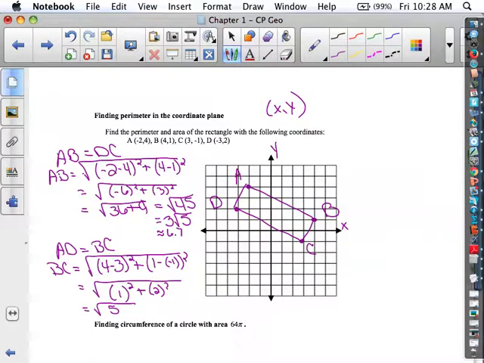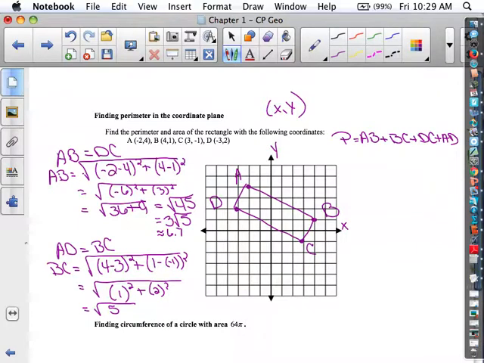Okay, so now I'm asked to find both the perimeter. So remember, the perimeter, P, is equal to the length of AB plus BC plus DC plus AD. And I have values for all of those at this point. And I have them in radical form, so I could try that, and then we'll do decimal form.